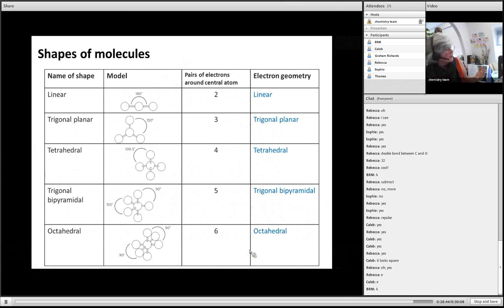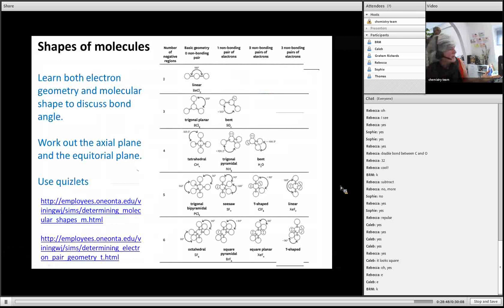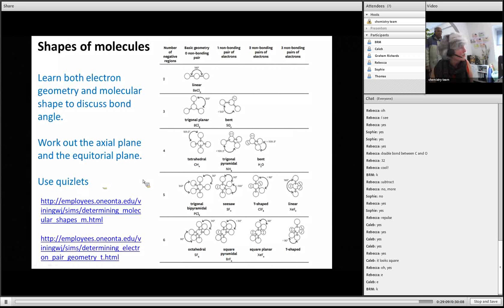In your booklet, you've got these shapes that you've got to learn, and you've then also got the ones that have lone pairs with them. Just before we finish, because I think we won't get anywhere near polarity today, as long as you've got the idea of shapes in your head, because you have to learn these basic things, use the Quizlets.